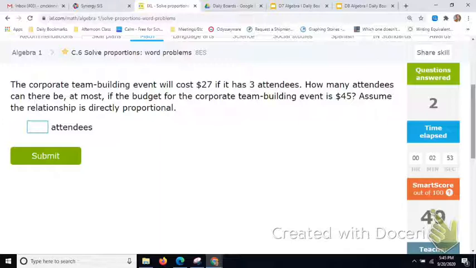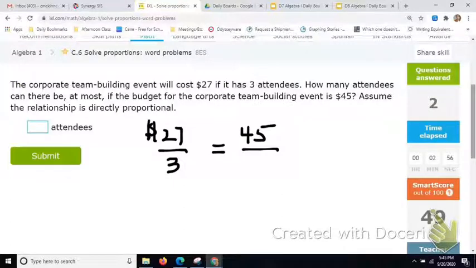So this time we've got money and attendees. So it's $27 for 3 people. How many attendees if the budget is $45? We don't know this number. Now, you can go straight to cross multiplying. I think a lot of us would probably think this is $9 per person.